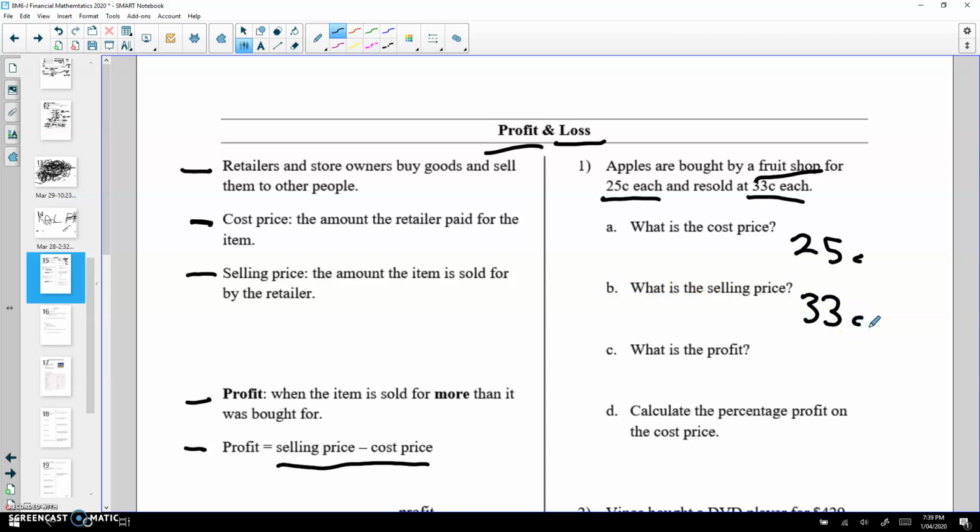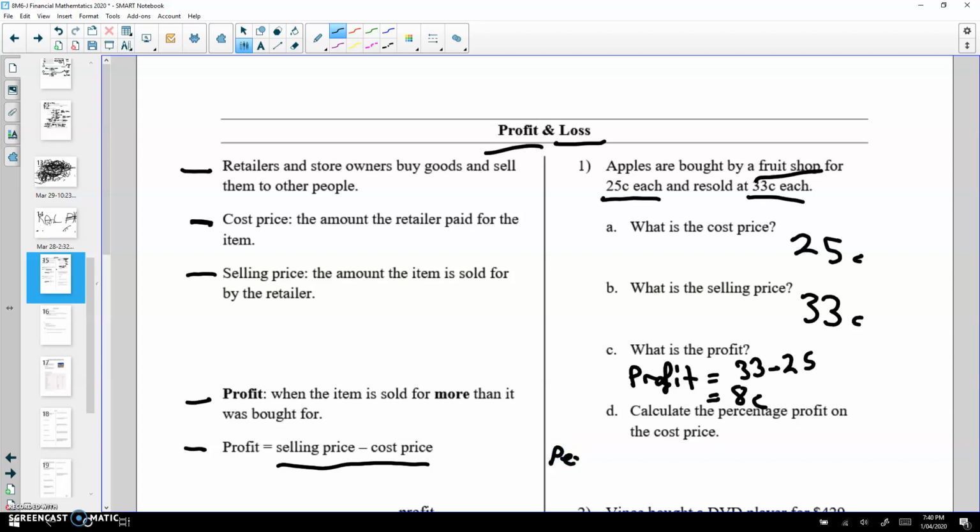So how much profit did they make per apple? Well, the profit would be equal to 33 minus 25, which is 8 cents. So they make 8 cents on every apple. Now calculate the percentage profit on the cost price.